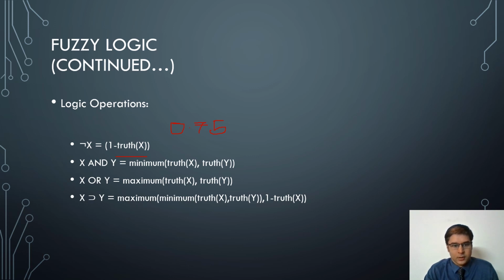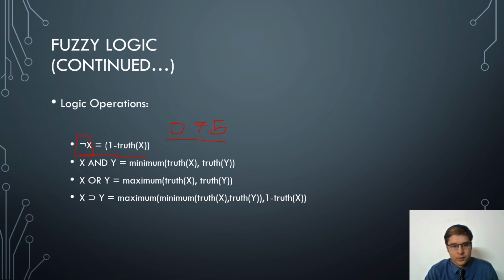But if we want to calculate negation of x, that will be 1 minus truth of x. So that will be 0.25 here, because truth of x is equal to 0.75. So similarly, for x and y, we have the minimum of truth of x and truth of y.